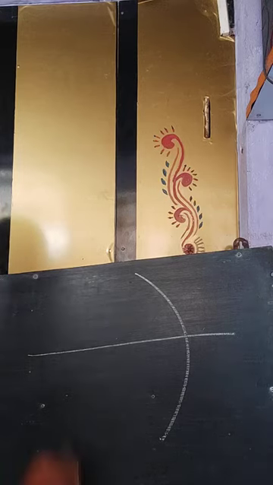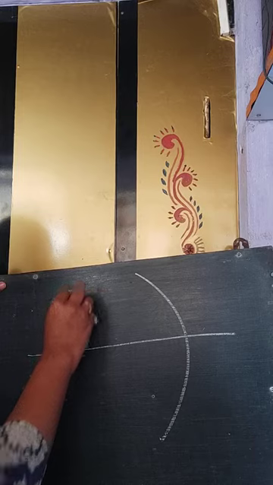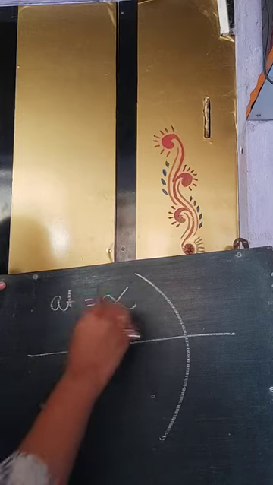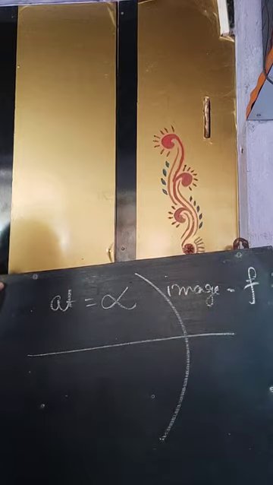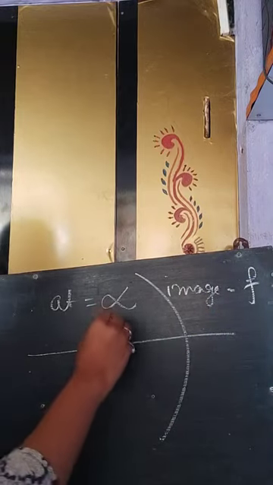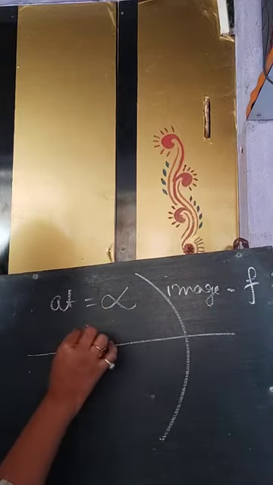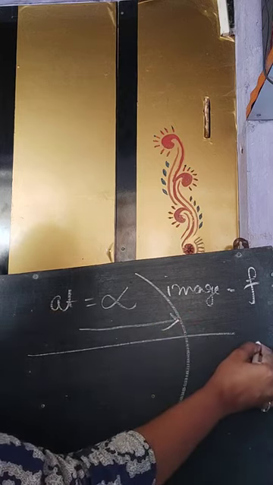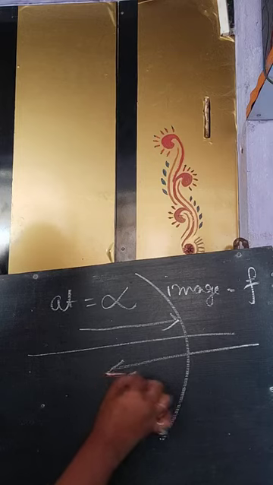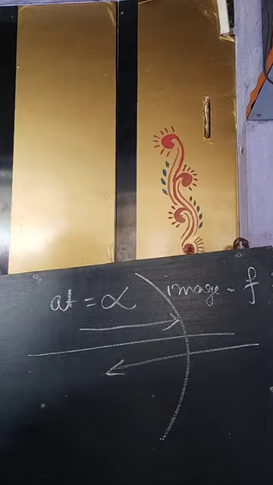If the object is at infinity, then the image is at where? Focus, right? So if we move the object from infinity towards the focus, the image comes from this way to this. So this is the basic thing. If the object is at infinity, then the image is formed at focus. First case, basically.